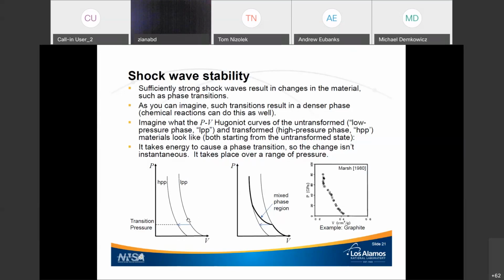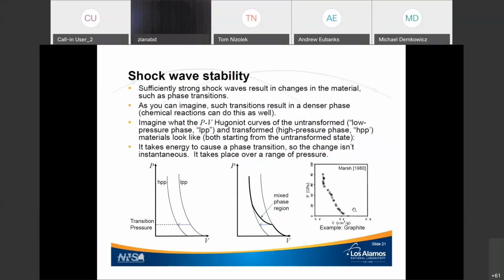So it takes some time and more compression and stronger shock waves to give enough energy to completely drive the phase transition, in this case, to completion. And so there's this mixed phase region between what we'll call the low pressure part of the Hugoniot and the high pressure part of the Hugoniot.